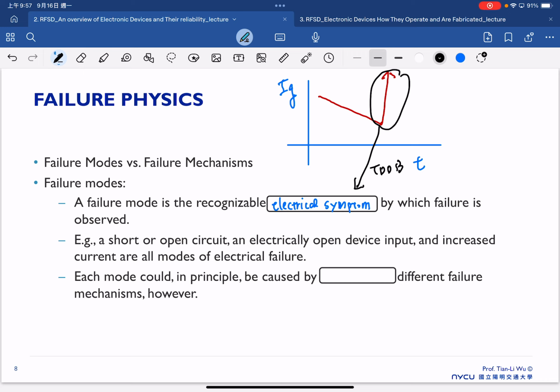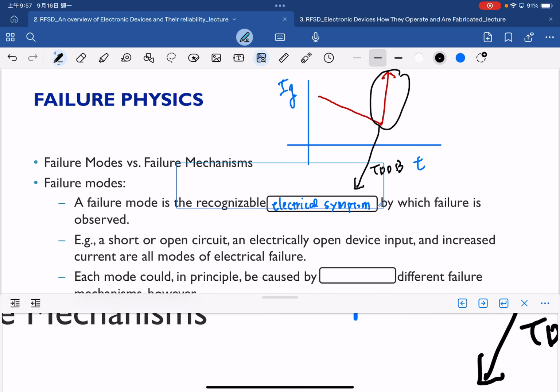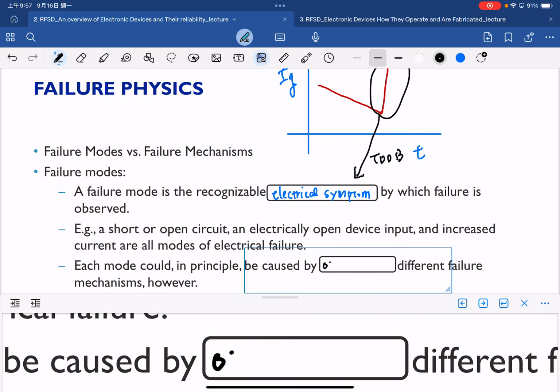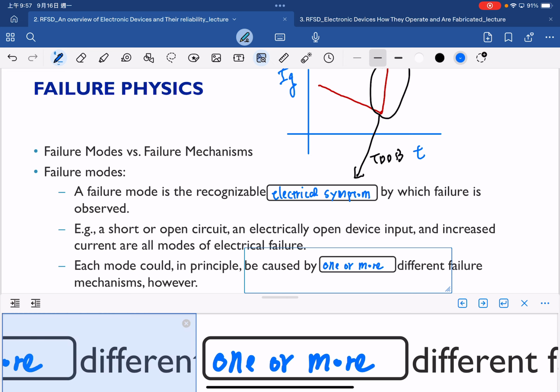And for sure, there are a lot of other electrical symptoms that can happen. For example, you might have a short or open circuit, an electrical open, or an increase in current, all modes of electrical failure. Anyhow, short or open can be another failure mode. Each mode, in principle, can be caused by one or more different failure mechanisms.